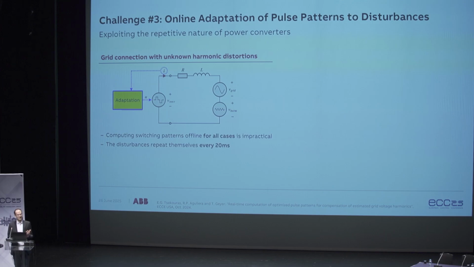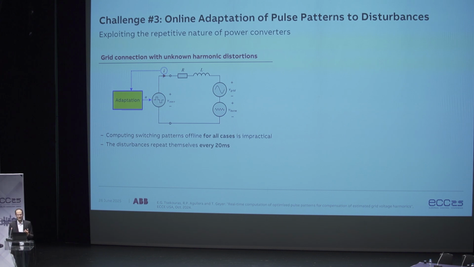The trouble is, this is all based on assumptions. The assumption is that your load is sinusoidal with some inductance, maybe some little ohmic resistance. But what if your load is not sinusoidal, if you're connected to a grid, to the so-called point of common coupling, and there are other converters, other entities that inject disturbances into this point of common coupling?